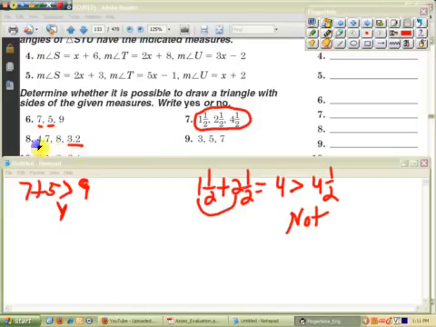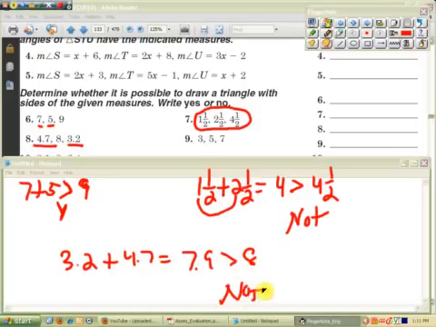We have 3.2 and 4.7. 3.2 plus 4.7 is 7.9. 7.9 is not bigger than 8, therefore we have no triangle here either. So we can make a triangle here, we cannot make a triangle here, we cannot make a triangle here. Okay?